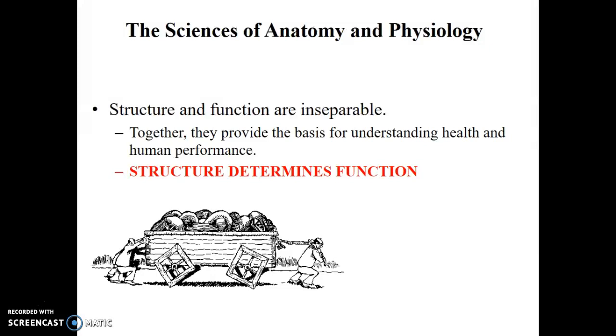If the structure is improper, then the function will be improper. And this is how we can identify disease or damage, because if the structure is damaged, then the function is damaged, and we have to fix the structure so the function can come back.